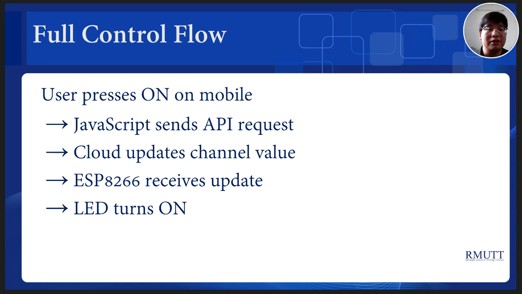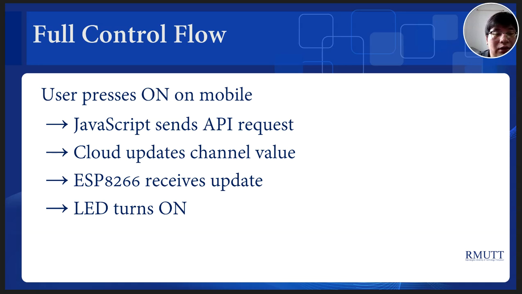Now let me explain the complete communication flow step by step. When the user presses the on button on the mobile phone, JavaScript sends an HTTP request to Adafruit IO cloud.